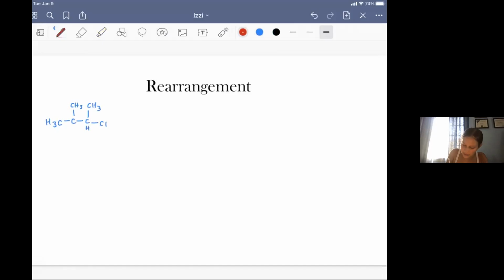And I'll highlight the specific methyl group, and you'll see exactly why in a few seconds. So now our solvent, it's still ethanol, but we're also going to heat it.